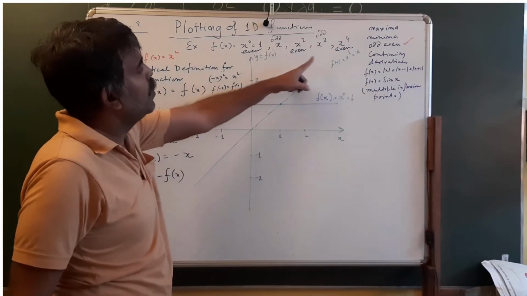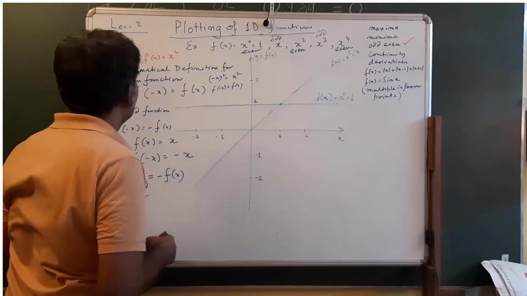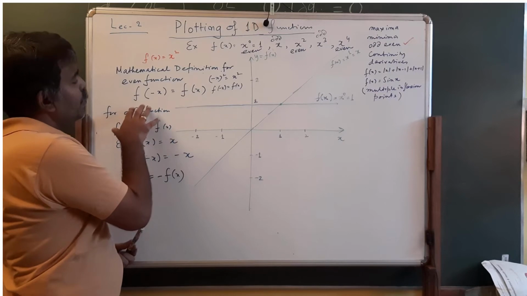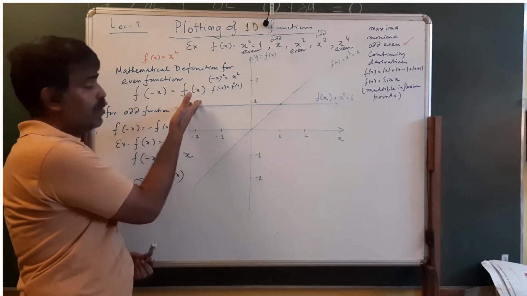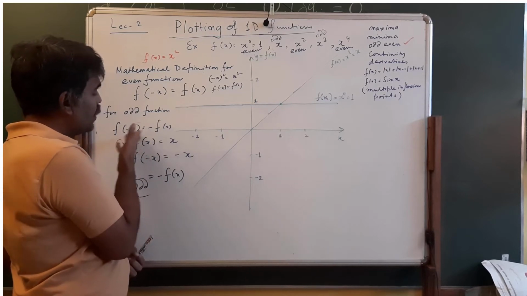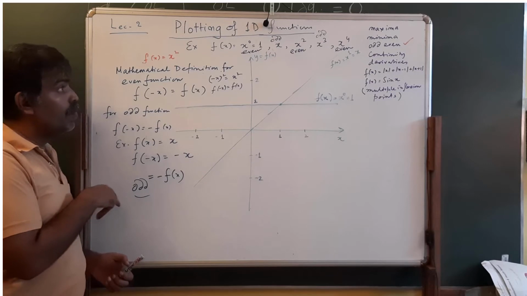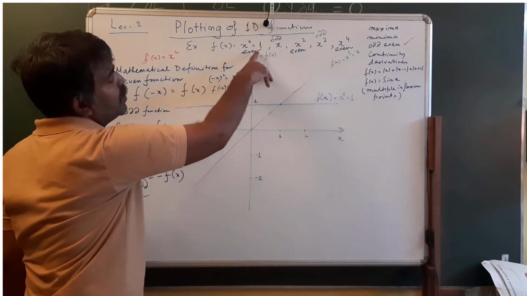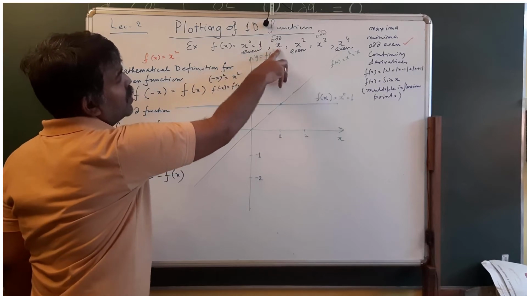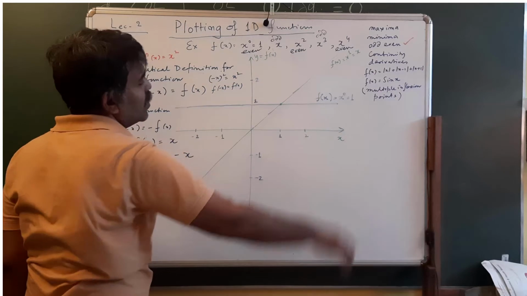So even, odd, odd. This is the mathematical definition. I am repeating it again: if f(-x) is f(x), the function is even. If f(-x) is minus f(x), if this minus comes out, then the function is odd. So these are examples of both even and odd functions.